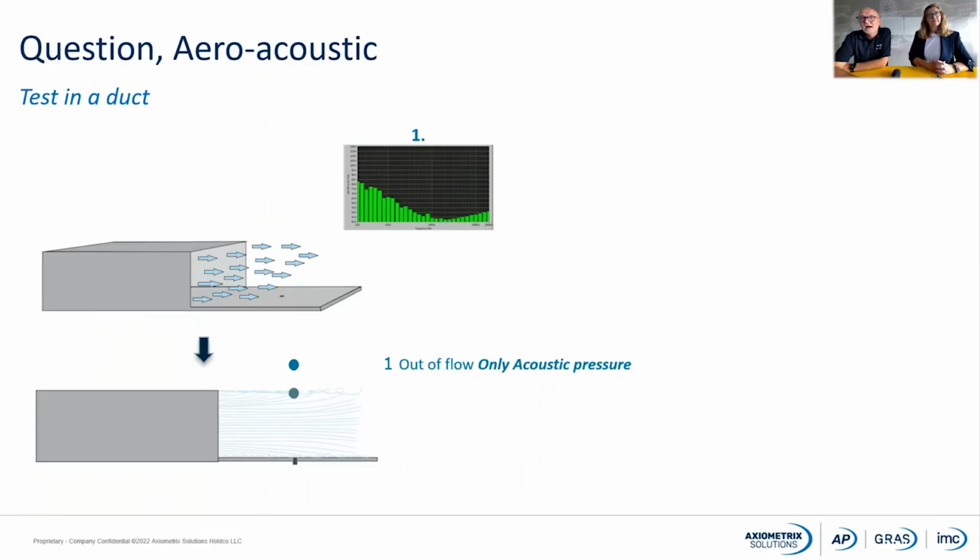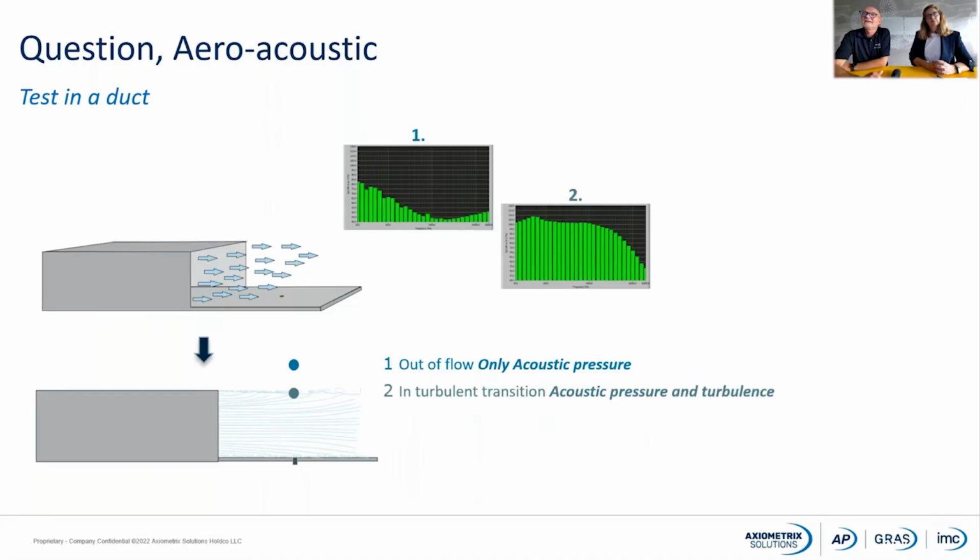If I measure here in the top where we can see there's a lot of turbulence, then we can see that we are measuring much higher, and it's actually due to this turbulence. So we are actually measuring acoustical pressure and the turbulent pressure in the turbulent transitions, and therefore the level is very high.